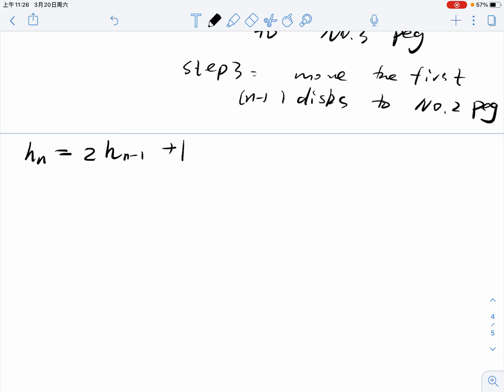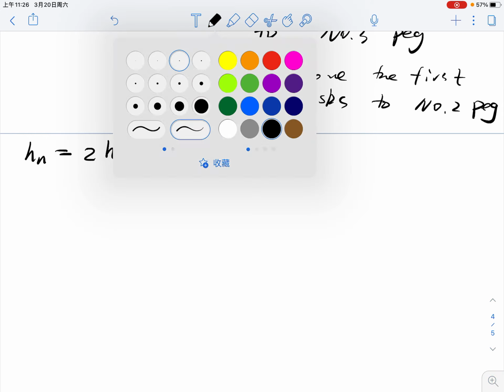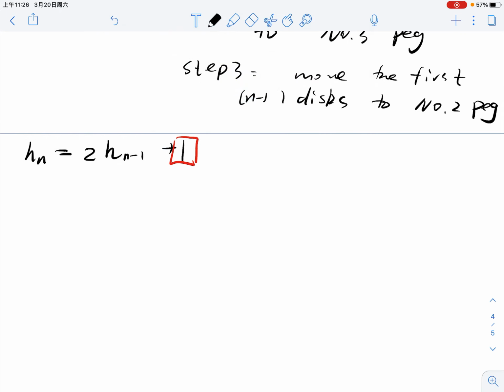So here you have the extra 1. And for this problem, actually you don't need some advanced method. We just plug in, and you will see the pattern.